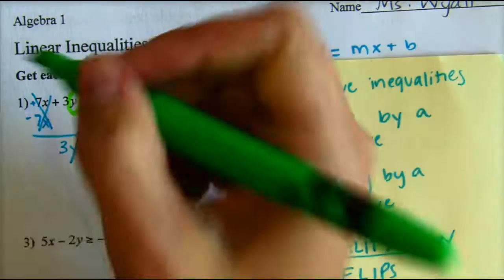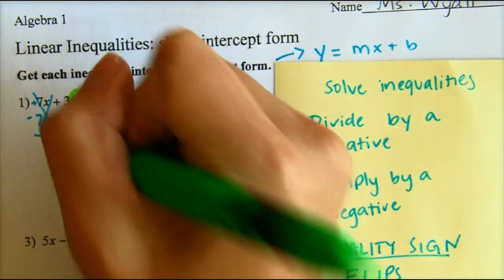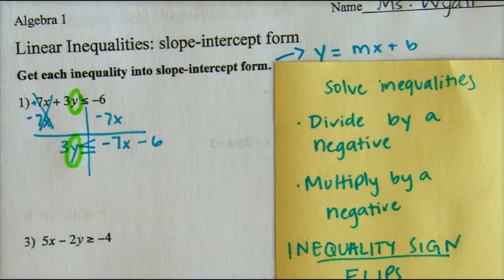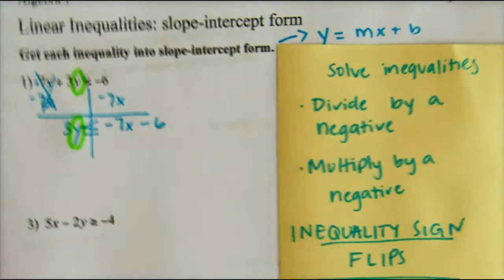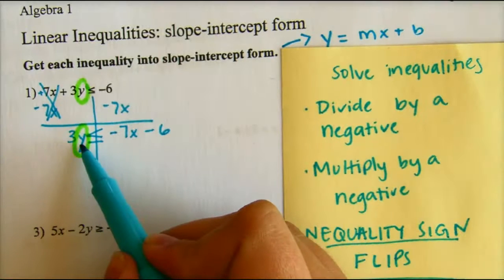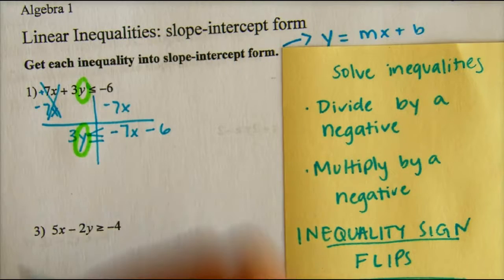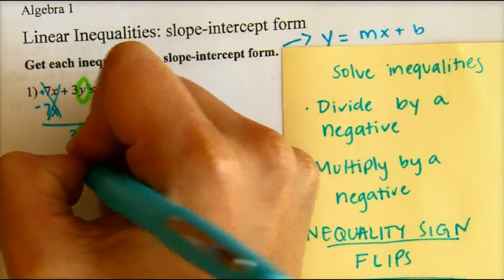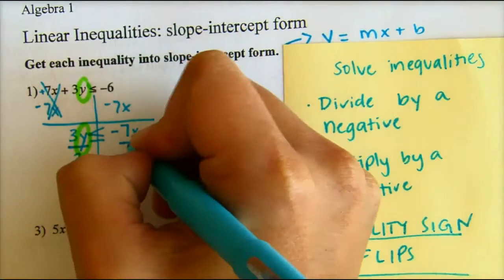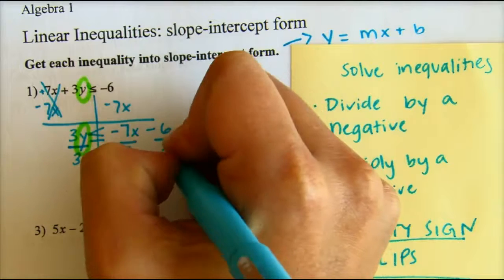Still trying to get y by itself. Now there is a 3 next to it. When I have a number and a variable right next to each other, what sign is in between? Right, multiplication. So to get rid of that, I'm going to divide by 3, and we're going to divide every single term by 3.